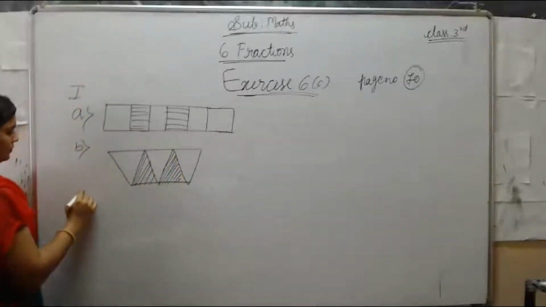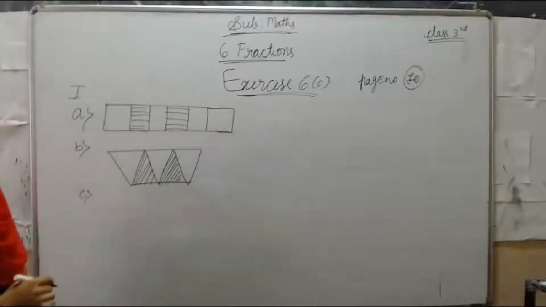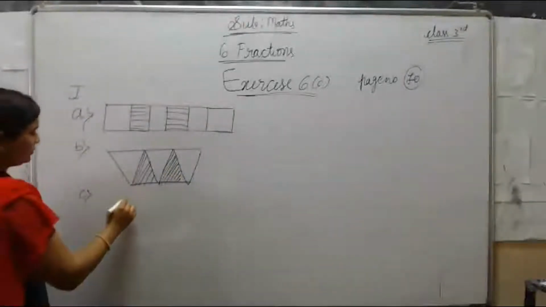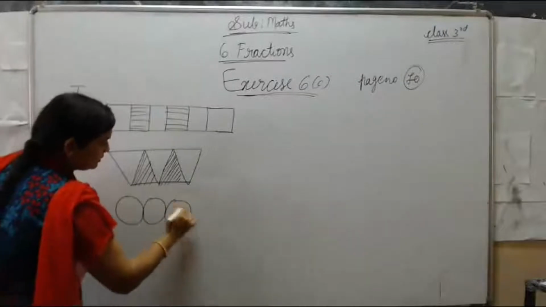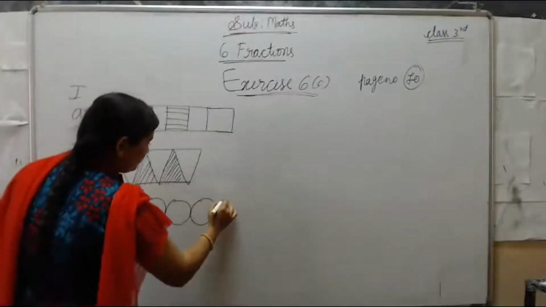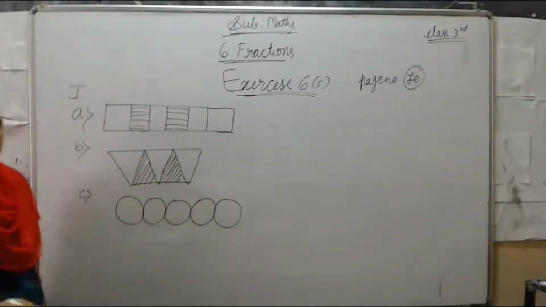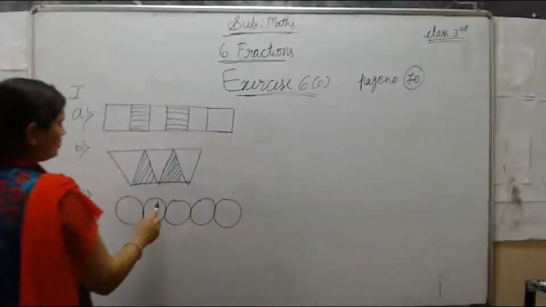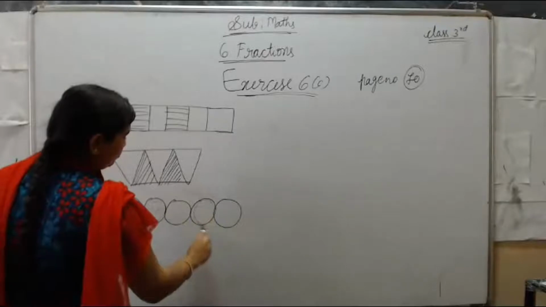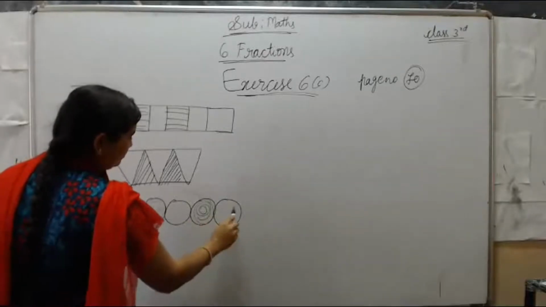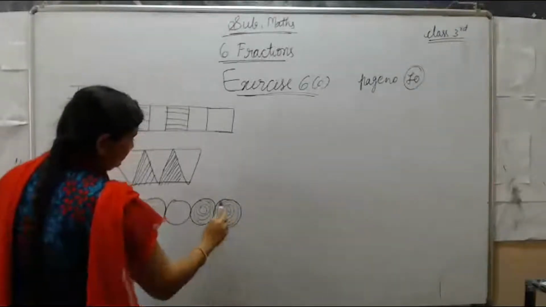Next, C1. We are given 5 circles and they have shaded 3 circles here. 1, 2, 3.